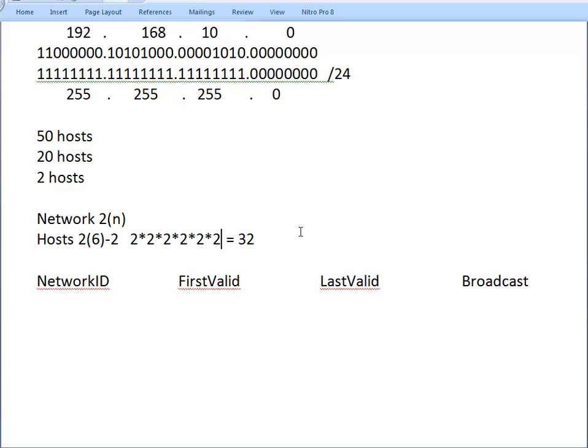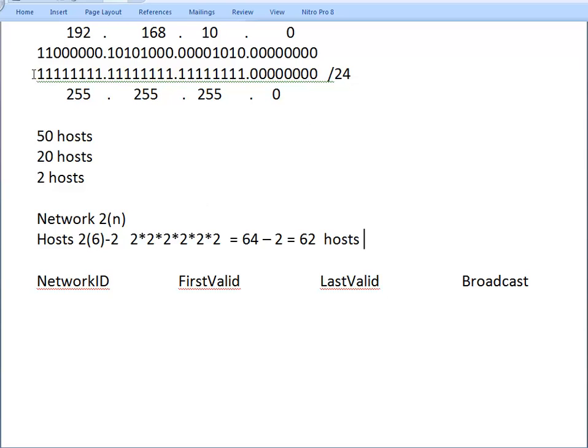So 2 times 2 is 4, times 2 is 8, times 2 is 16, times 2 is 32, times 2 is 64. So this will give us 64 minus 2, which gives us 62 hosts. So if we reserve 6 zeros, we get 62 hosts.